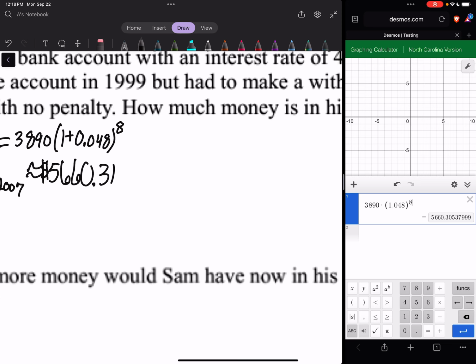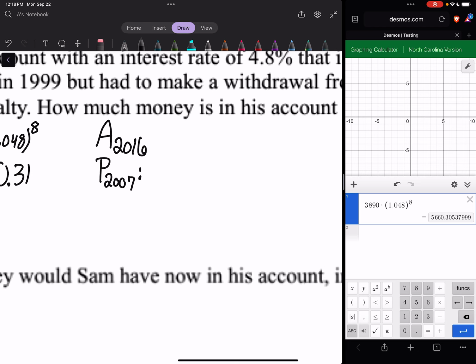Now, I want to find the final amount of money in 2016. Well, I know my principal amount in 2007 is going to be the $5,660.31 minus my withdrawal amount, which is $2,300.